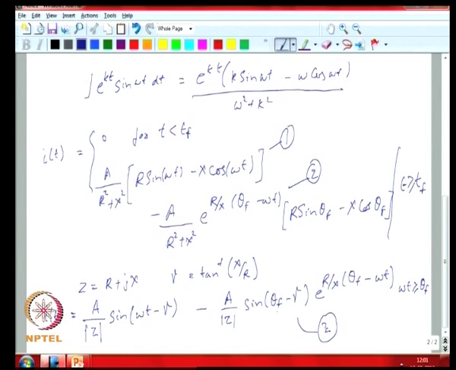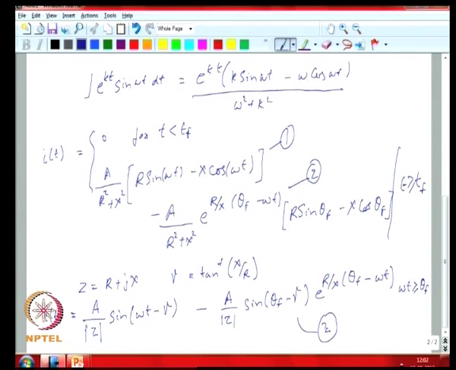If theta f equals gamma, so your fault is occurring exactly at the impedance angle of your RL network, you will not have any transient term. If theta f is less than gamma, then you would have an additional transient term which is adding to your steady state component, and if theta f is greater than gamma, then essentially you would have a subtracting term.